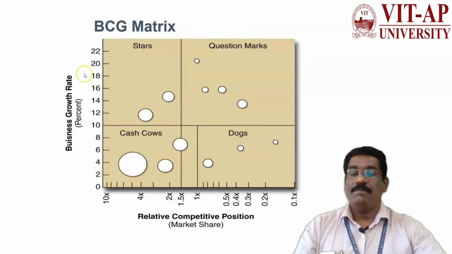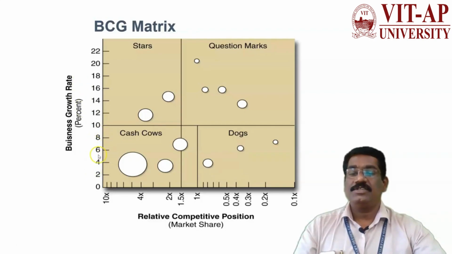When you compare with these two variables, let us see the condition of the cash cow. For the cash cow, the relative competitive position, I mean the market share, is very high, whereas the business growth is really low. You understand this?